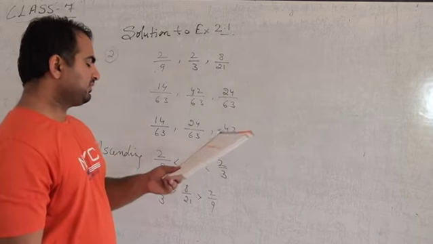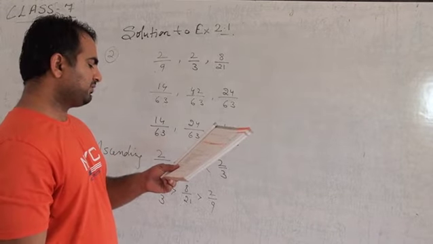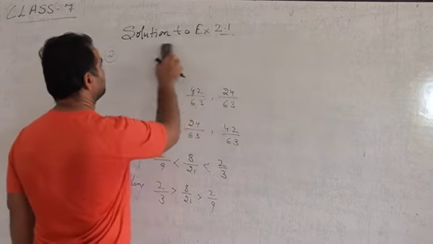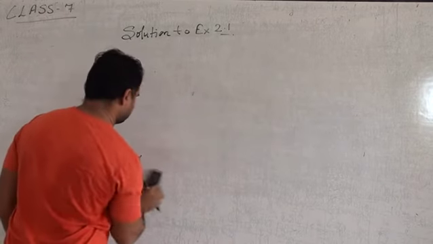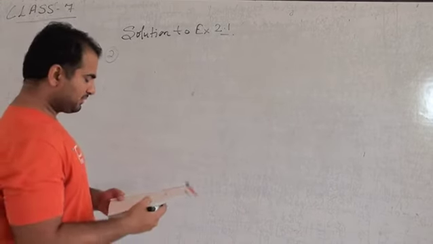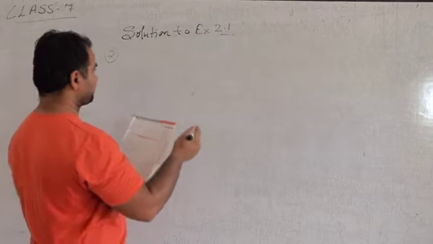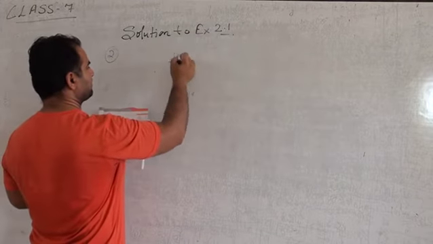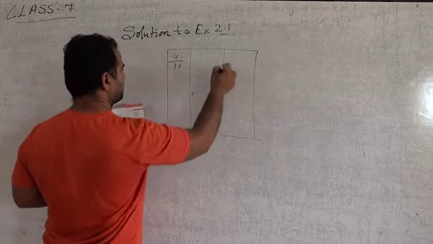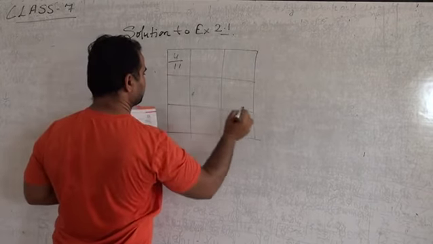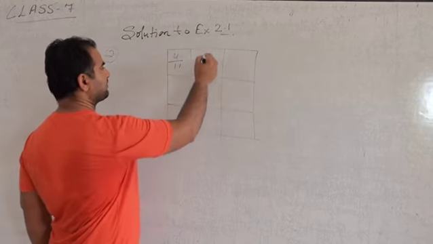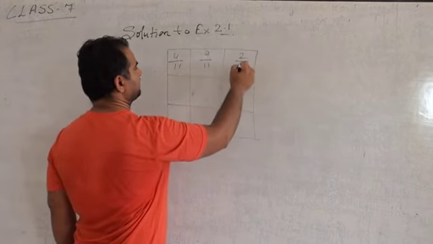Okay, next is 3rd. What we have to do is prove whether it is a magic square or not. So, what is a magic square? The total of the rows, columns and diagonals will be the same. Is it correct or not? 4 by 11, 9 by 11, 2 by 11.